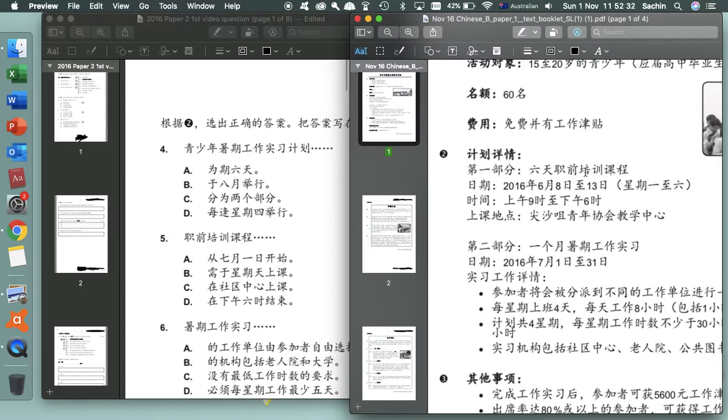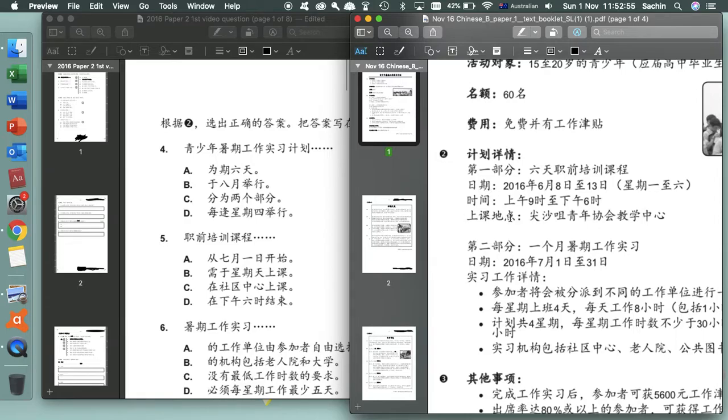before like course, like training course and stuff, and the date here is the 8th of June. Oh no, it goes from the 8th to the 13th of June, from Monday to Saturday, 星期一至星期六.